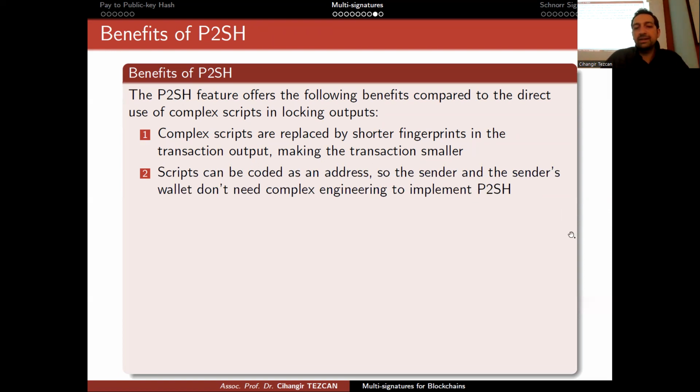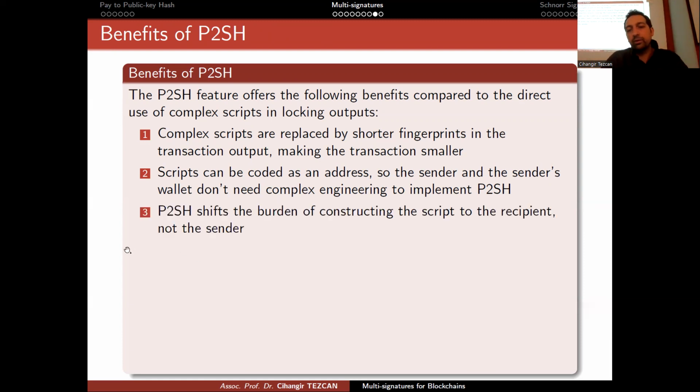Scripts can be coded as an address, so the sender and the sender's wallet don't need complex engineering to implement pay-to-script hash. This is one of the main benefits, because anybody using a simple wallet software can send you money now, because instead of the one address, you are providing them a 3 address, and that's all, right? So they just transfer money to you. They don't care what kind of complex script is behind that wallet address. They don't even know.